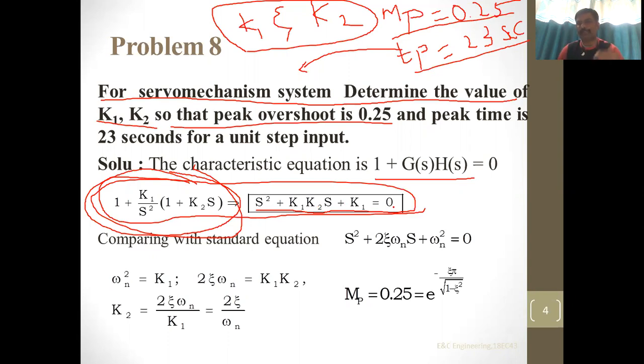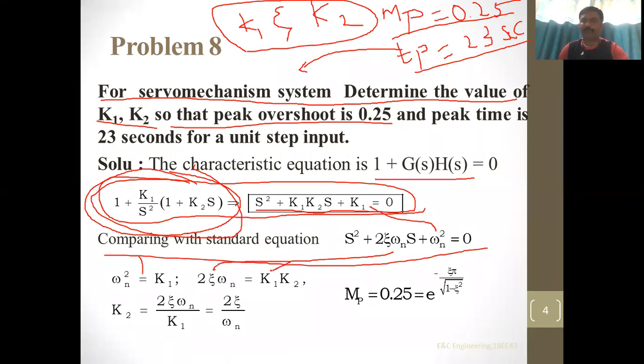Later, we shall compare with the standard characteristic equation of a second order system, that is S square plus 2 xi omega ns plus omega n square. Is it okay? After comparison, please observe omega n square is equal to K1 and 2 xi omega n is equal to K1 into K2. Is it fine? Next, omega n square is equal to K1, or omega n is equal to root of K1.